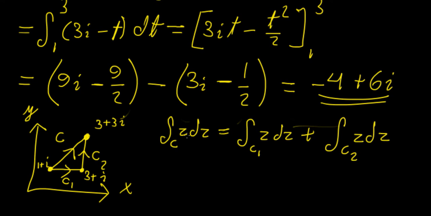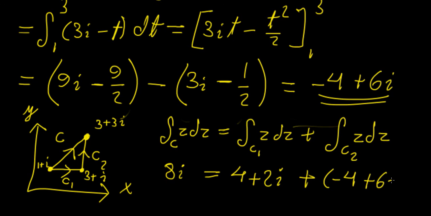Let's see if that is actually true. We found for this integral in the last video that this was equal to 8i. And then we just found that for this one we had what? We had 4 plus 2i. And then for this one we had what? We had minus 4 plus 6i. So obviously this and that are going to cancel out, and in the end we're going to end up with 8i equals 8i.